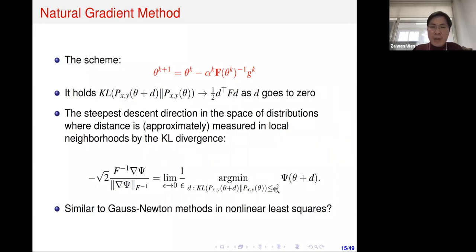If this epsilon goes to 0, then this minimized direction D is defined by the Hessian matrix, by the natural gradient direction. Therefore, it can be understood as a gradient method. However, the main difficulty is how we compute its inverse.